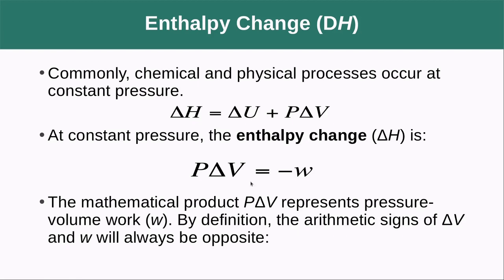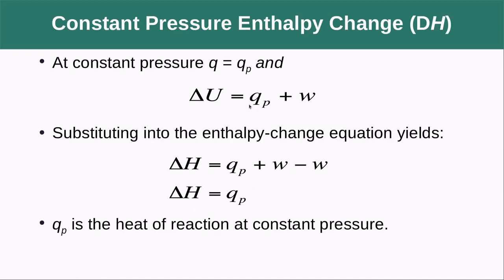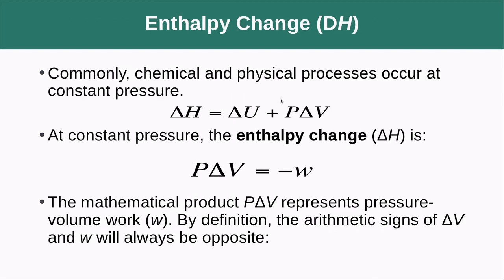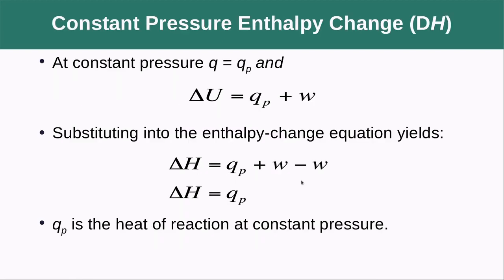That's important, because what we're going to do next is take this delta U and substitute in our original definition of QP, heat at constant pressure, plus W. Then we're going to substitute in for P delta V this negative W. And what we're going to see is that work cancels, and the change in enthalpy is equal to the heat either added or released from the system at constant pressure.